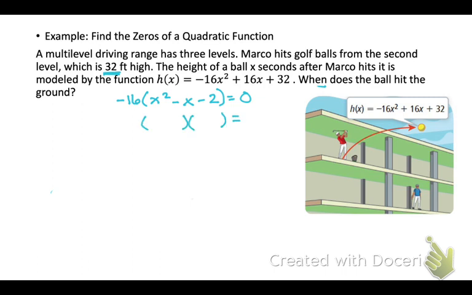Negative 2 and 1. Negative 2 plus 1. Okay, now we also have this negative 16 out here, yes? And I have to set every single thing to 0. Yep. So what do I get here with these two?